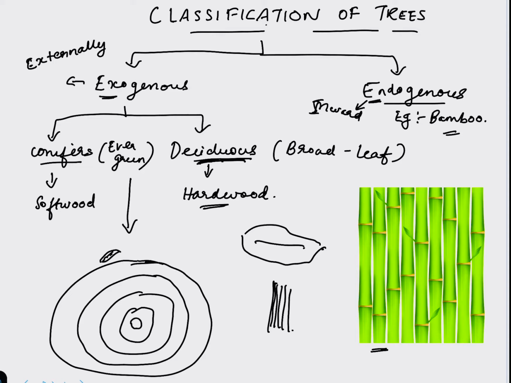As the age increases, the annular rings will increase and come closer. Exogenous always have annular rings, and these annular rings are mostly concerned with the age of the tree. As the annular rings increase, the age of the tree also increases. So that is regarding annular rings.